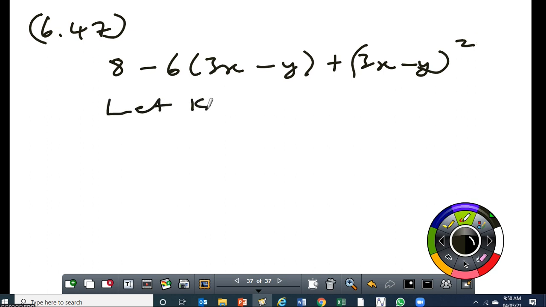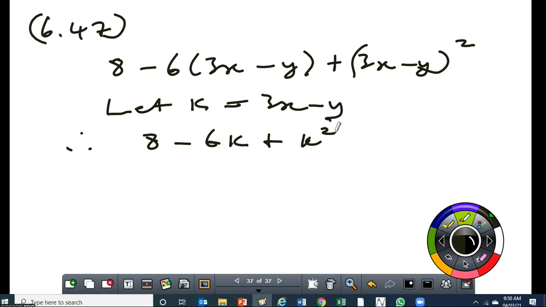So I'll say let k be equal to 3x minus y. If I do that, I'll end up having 8 minus 6k plus k squared. Then I need to rearrange based on the order of the terms. So that will be the same as k squared minus 6k plus 8.